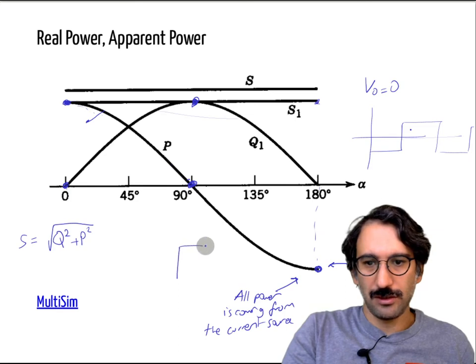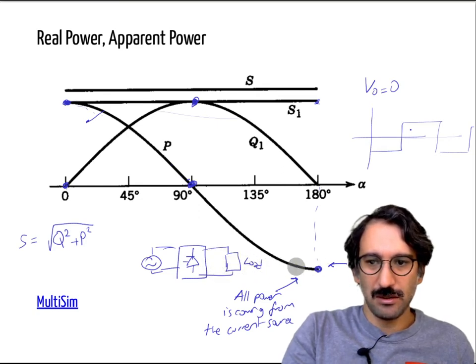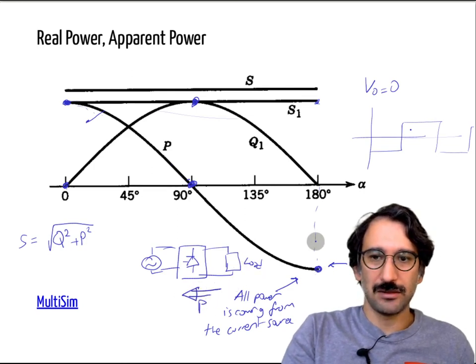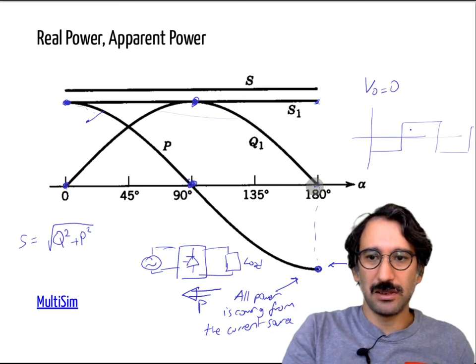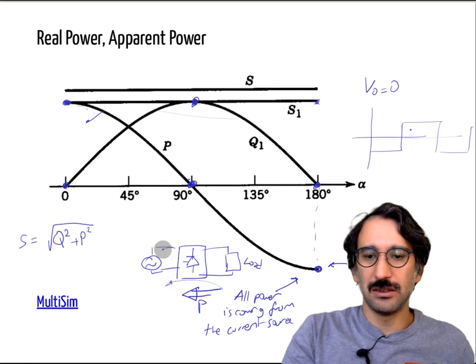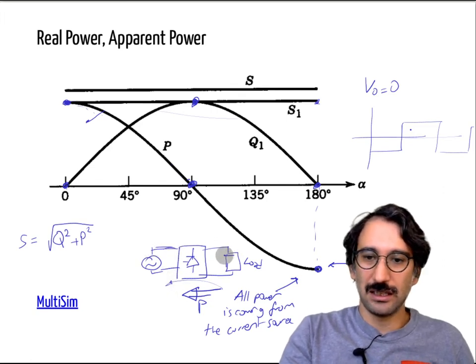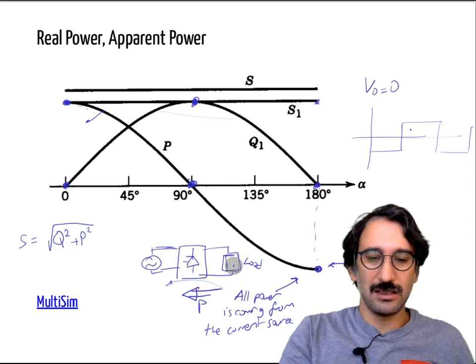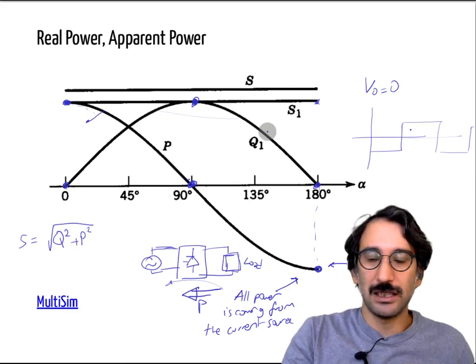So if you have, I don't know, the grid here, and if you have the load, again, it can't be a passive load for this operation, but for here, the power flow is from that direction. Again, the reactive power reduces and reduces. So at that point, you are just sending all the power to the grid side. So it can be like a DC machine working as a generator. It can be a PV system, that kind of active load.